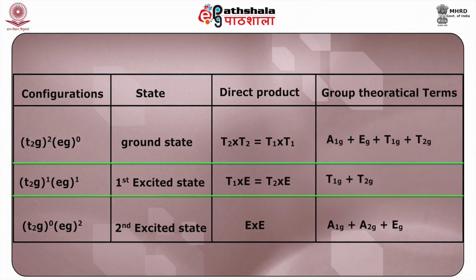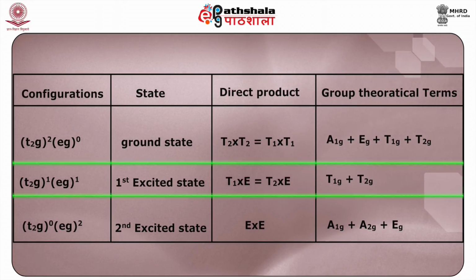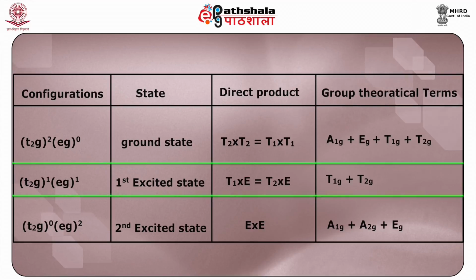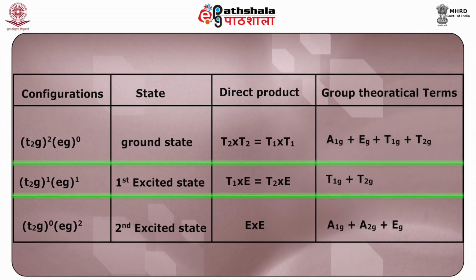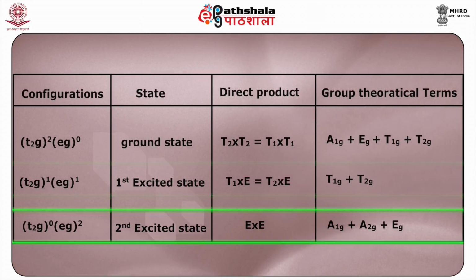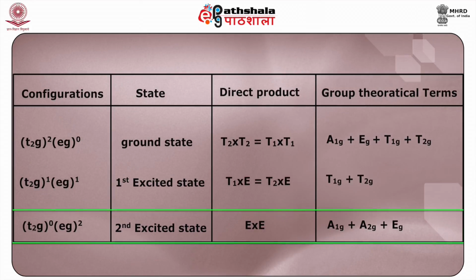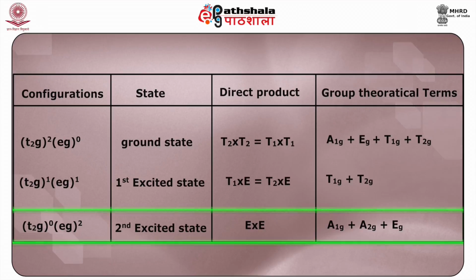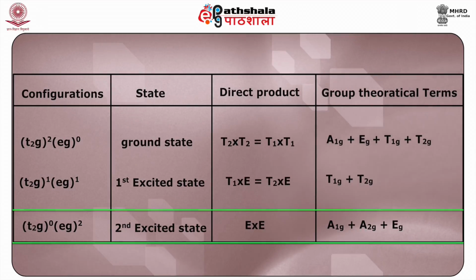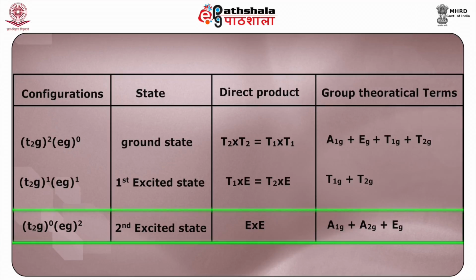If we have the first excited state t2g1 eg1, the direct product will give the group theoretical terms T1g plus T2g. In case of the second excited state t2g0 eg2, the direct product is going to give the group theoretical terms A1g, A2g, and Eg.